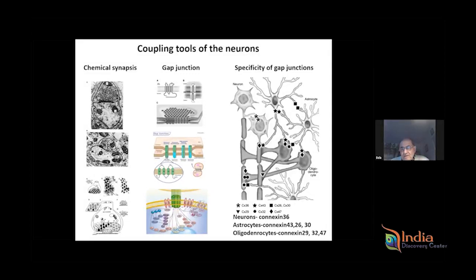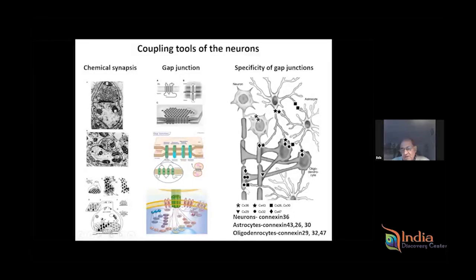In this part, we can see the connection between the neurons, astrocytes, and oligodendrocytes. The interesting thing is that in the gap junction, the neurons have a specific protein, connexin 36.